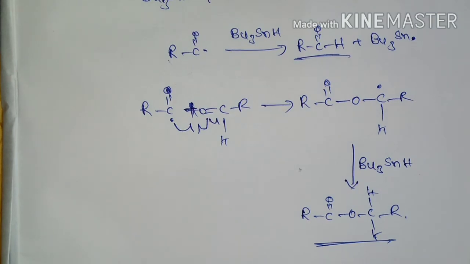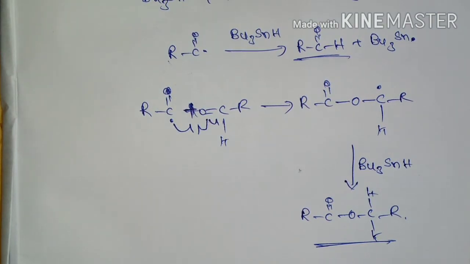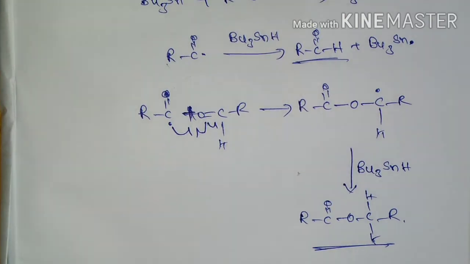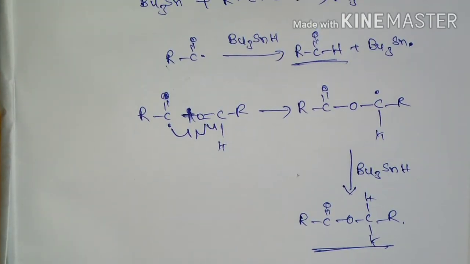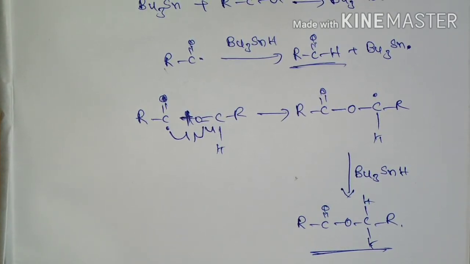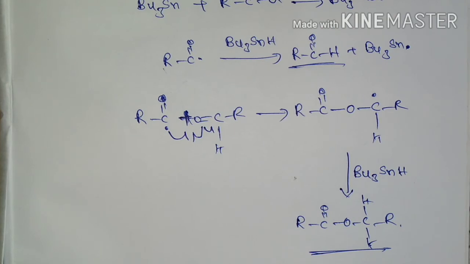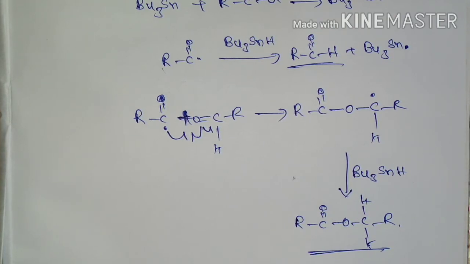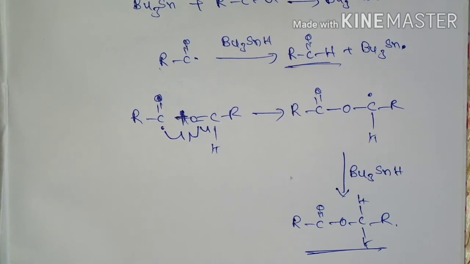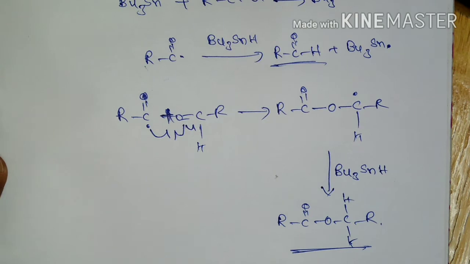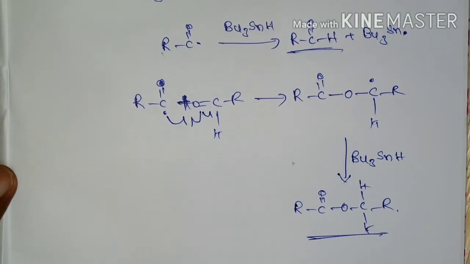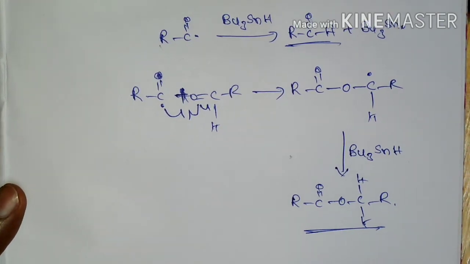Because of the greater reactivity of both acid chlorides and aldehydes, we are going to get a mixture of products, aldehyde as well as ester, if we do reduction of acid chloride. So bear in mind that if they give reduction of acid chloride by tributyl tin hydride, a mixture of products will be formed. There are rare circumstances in which you get only aldehyde.